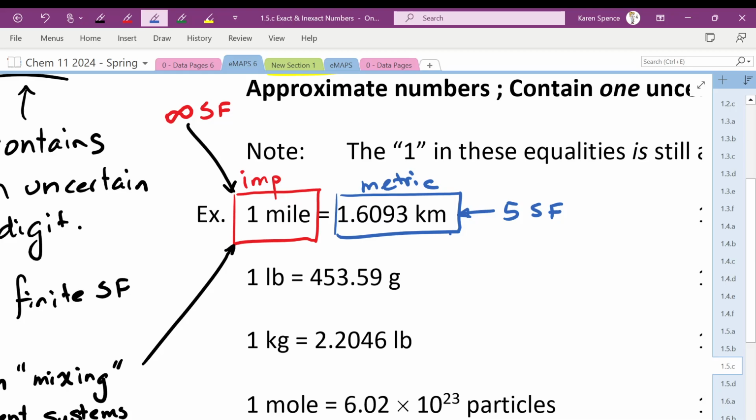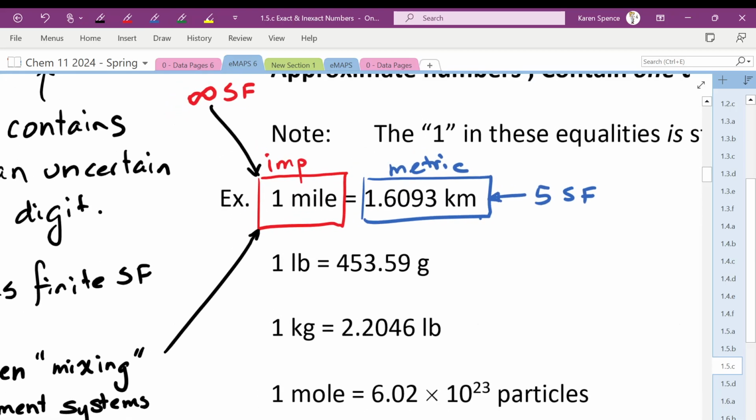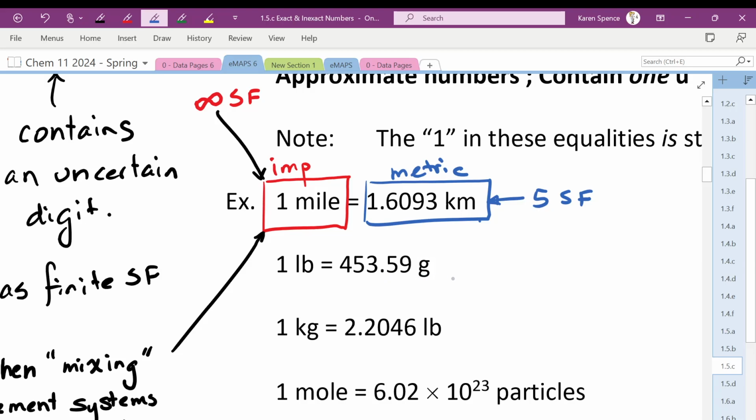Take a look at our next one. 1 pound equals 453.59 grams. Is this one measuring system or 2 measuring systems? Do we have all metric or all imperial, or is it mixed? It is mixed.